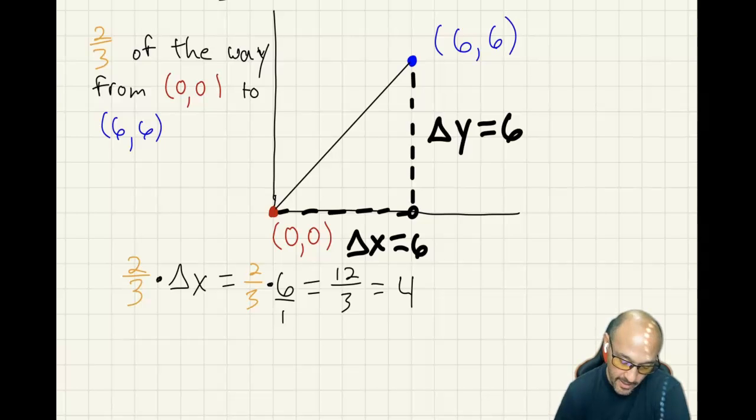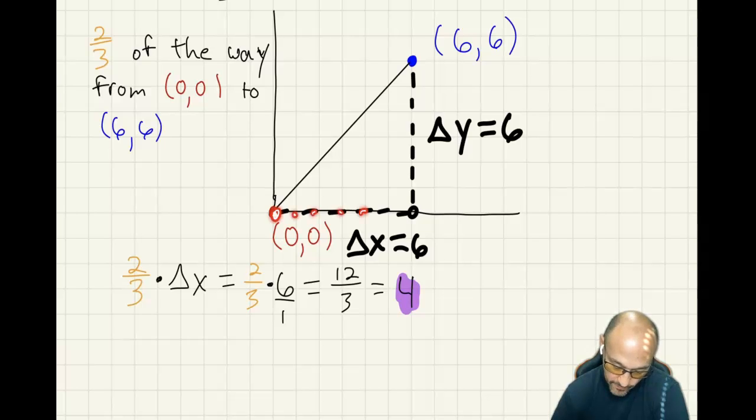So that tells us that, and I'm going to highlight that in purple. So 2/3 of the way from here to there is 4 units, 4 units from here.